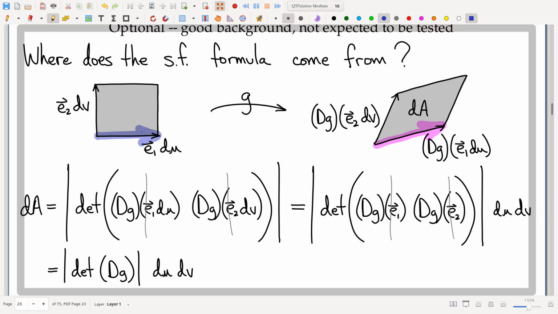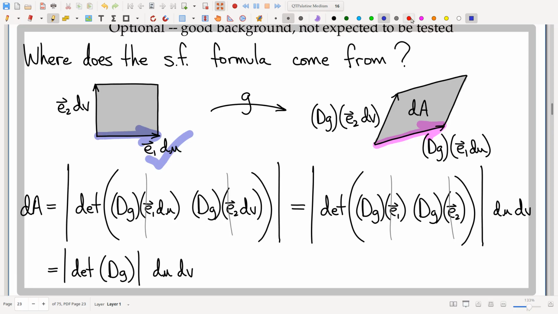Well, this edge on the left is easy to write down as a vector. It's in the e1 direction. Its magnitude is the width of that rectangle, du. And how do we turn input vectors into output vectors? That's what the derivative matrix does.